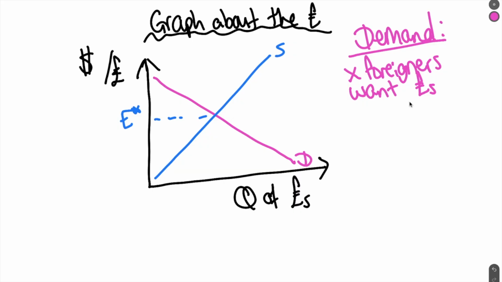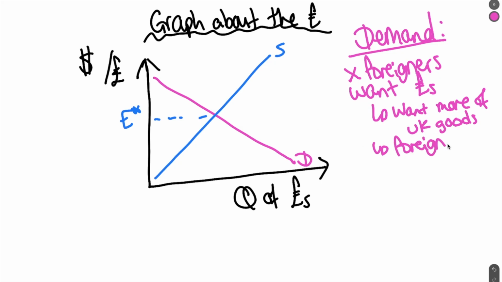It's foreigners wanting pounds because it's all about the foreign exchange. Okay, so for example, this could be foreigners want more of UK goods, or even less of UK goods. It's a way of changing the demand for the pound. There's foreign investment, more foreign investment in the UK.